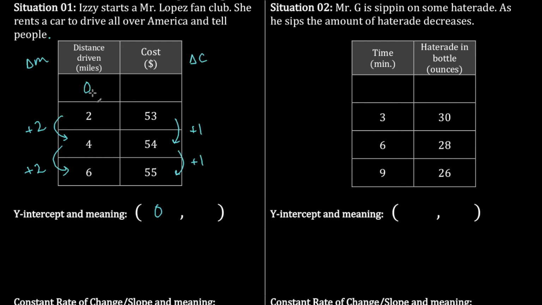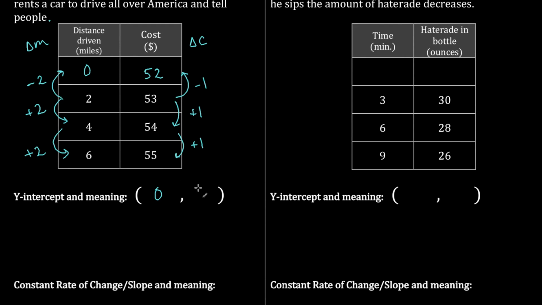So in order to get back to the cost at 0 miles driven, I would just have to do minus 2, but instead of adding 1, I'm going to subtract 1. 53 minus 1 is 52. And there we go. So the y-intercept was 0, 52.